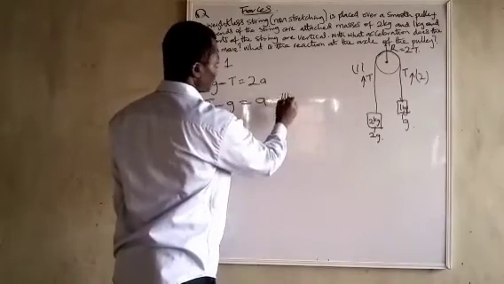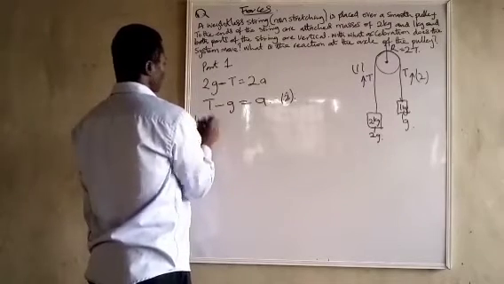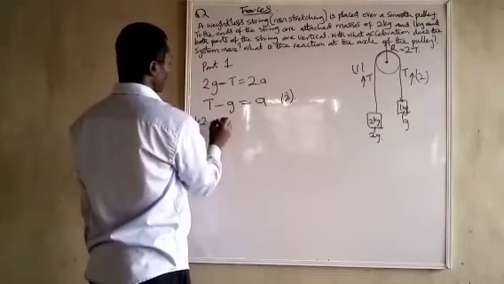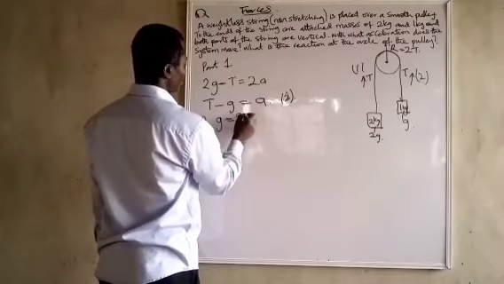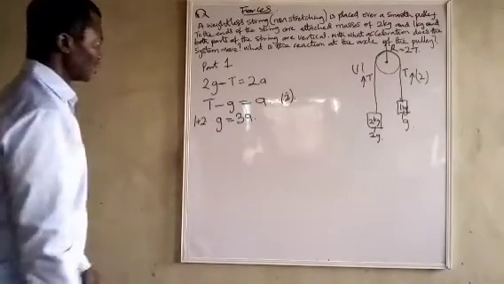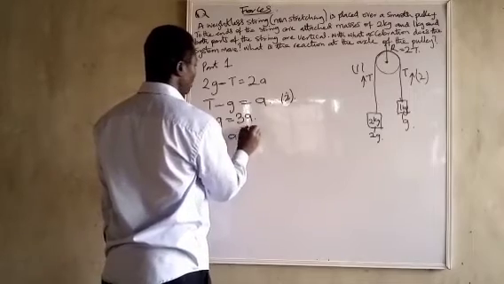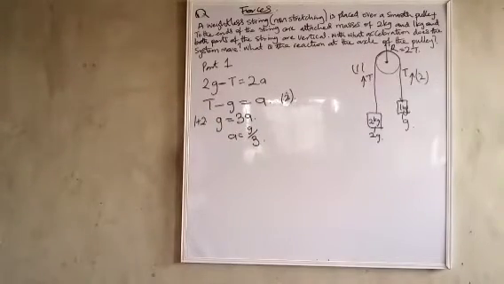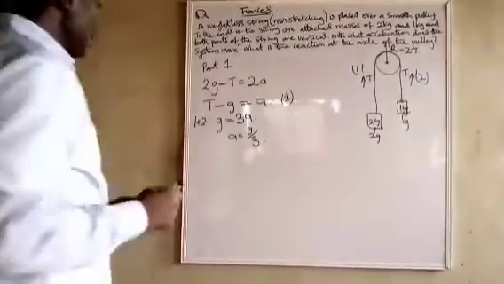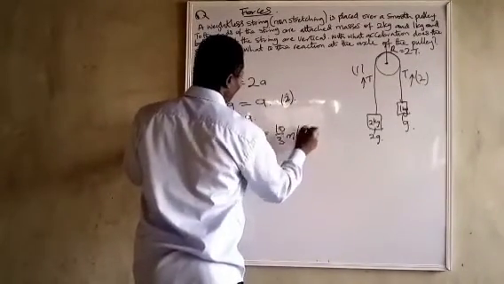We have g is equal to 3a, because this will be subtracted from this. Now, a is equal to g over 3, and that will be equal to 10 over 3 meters per second squared.